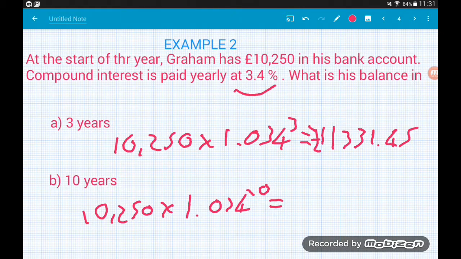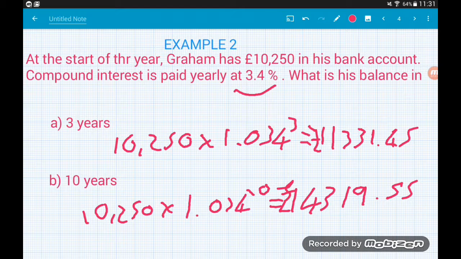Smash that into your calculator and make sure you get £14,319.55. Remember, when we're talking money, we always round to 2 decimal places. Cracking. Let's look at one more example.